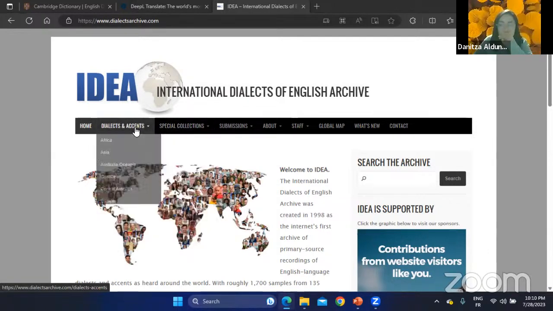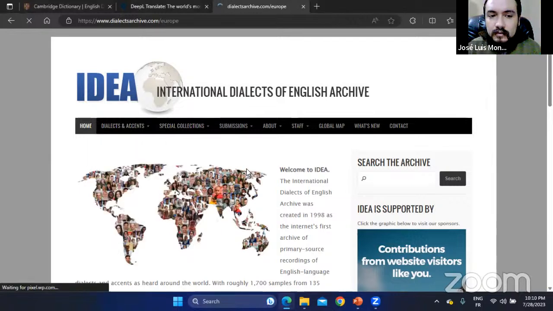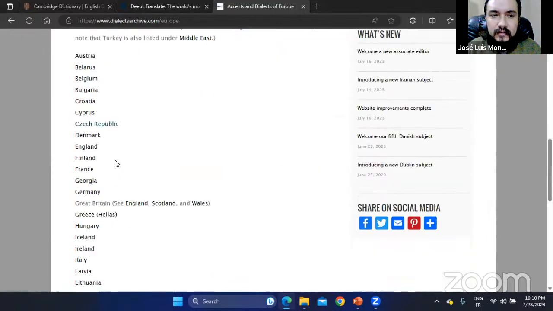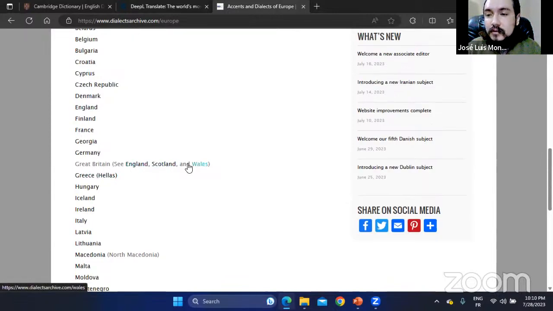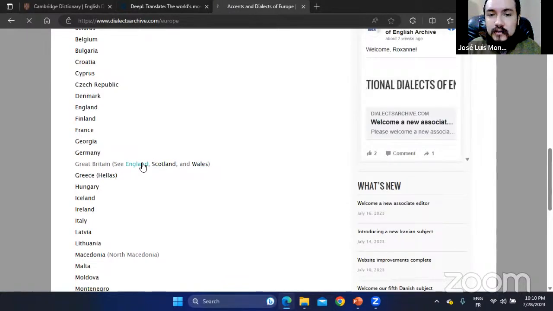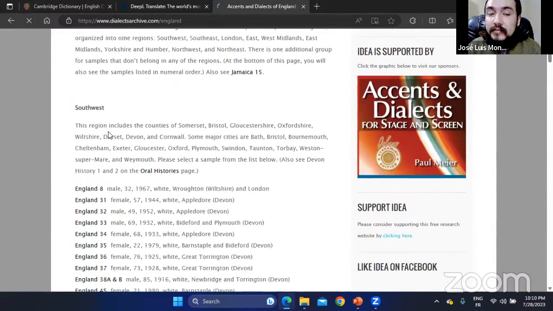For example, here in dialects, you go to Europe. And in Europe you have these places, of course: Great Britain, England, Scotland, and Wales. You go to England, and in England you have this division.